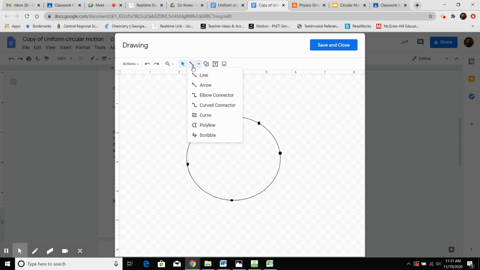So right here where it's that little line button, you go over to the right, there's a little drop down thing. Click on that and you're going to hit arrow.